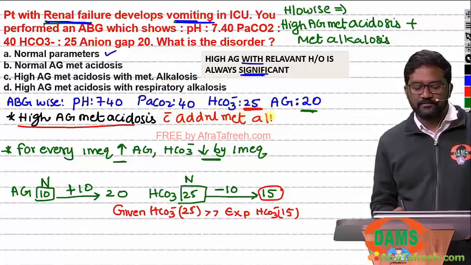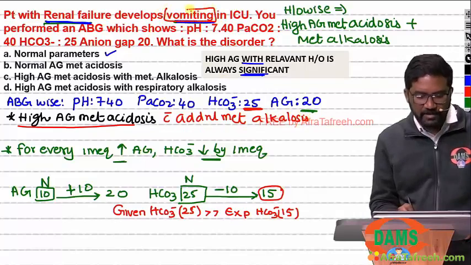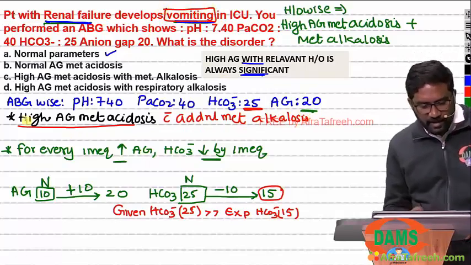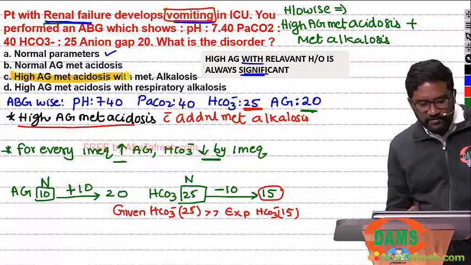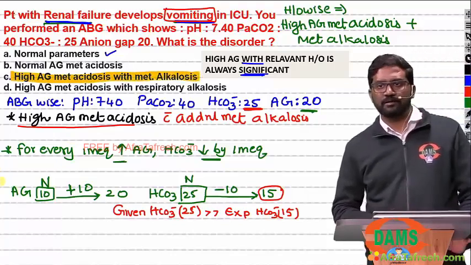Always correlate with history. Is there any disorder capable of adding extra bicarbonate to the body? Yes, vomiting. So the answer becomes high anion gap metabolic acidosis with additional metabolic alkalosis.